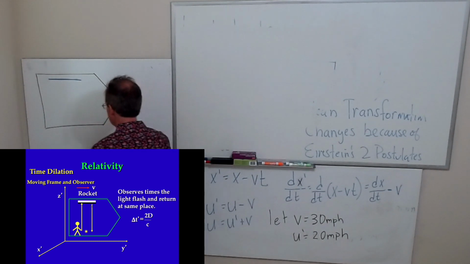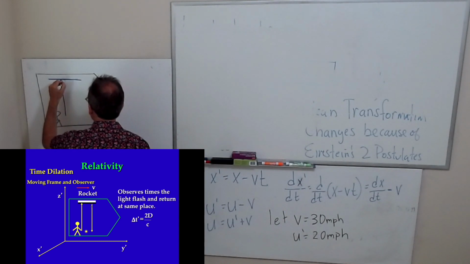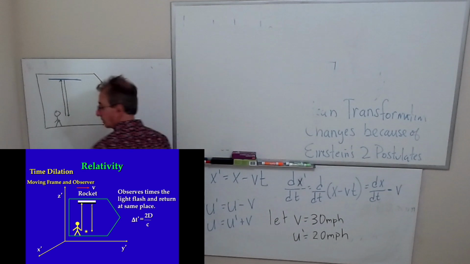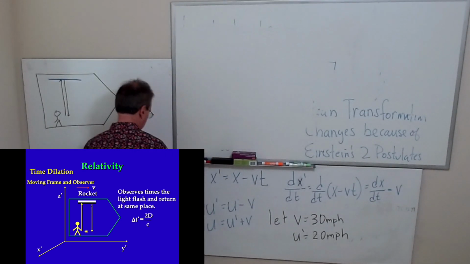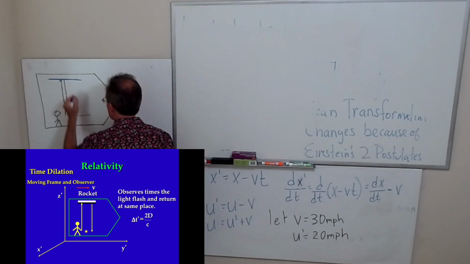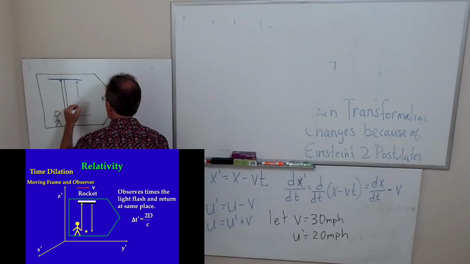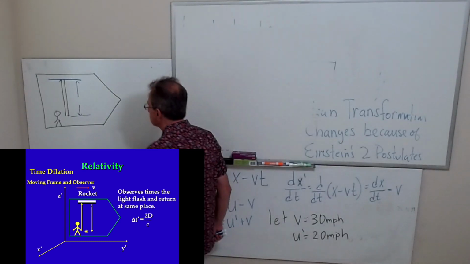And this person sends a beam of light to the mirror and back. Okay? And the distance to the mirror is d. So this distance is d.